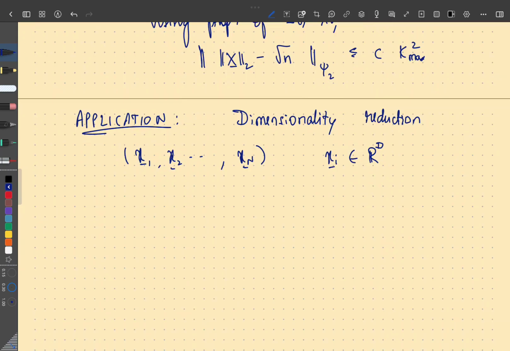And the goal is, maybe I want to do k-means clustering or some form of distance-based clustering for this set of points. So if I want to do k-means clustering, then at the very minimum, I should first compute pairwise distances between these points.